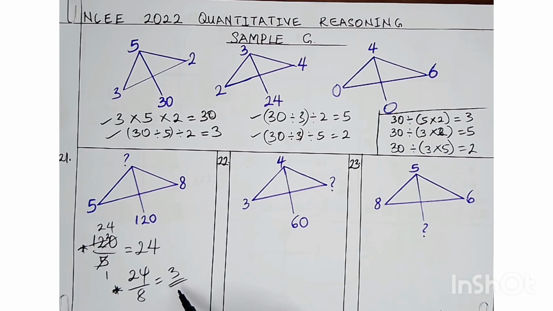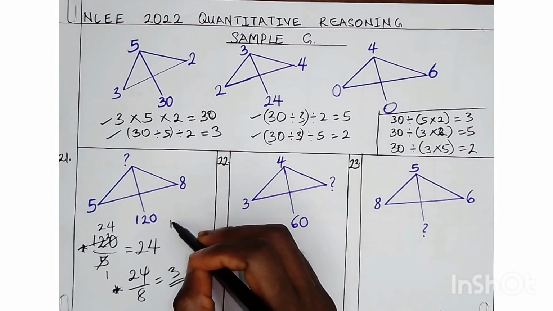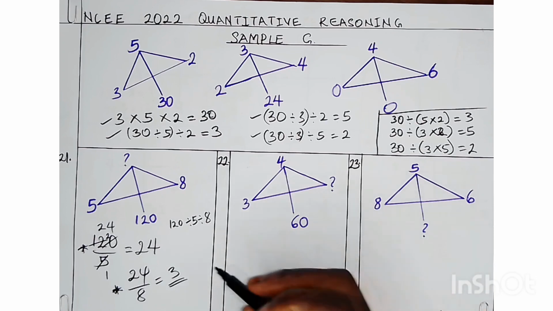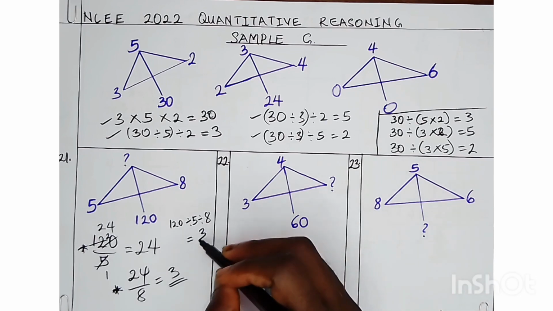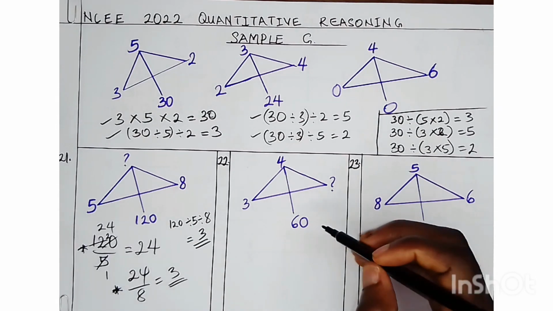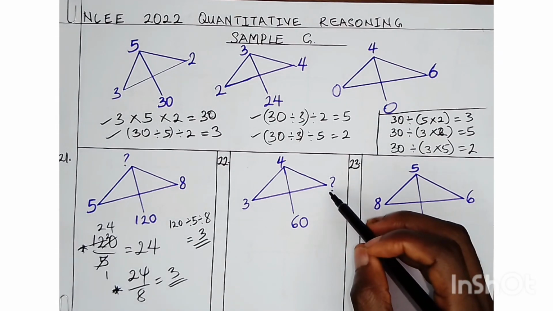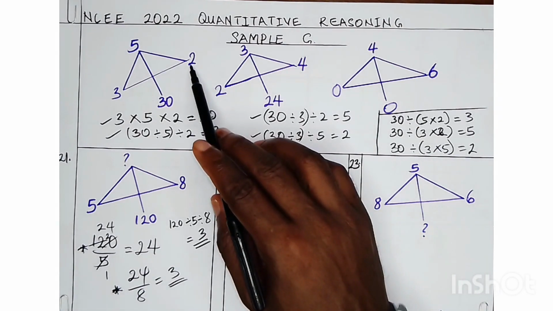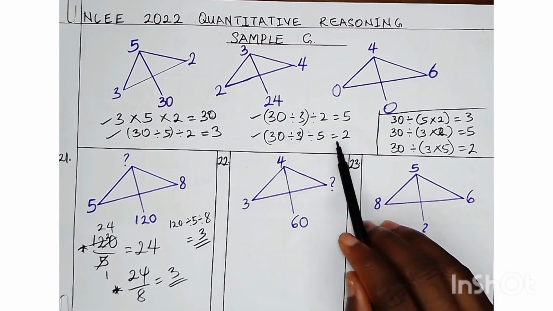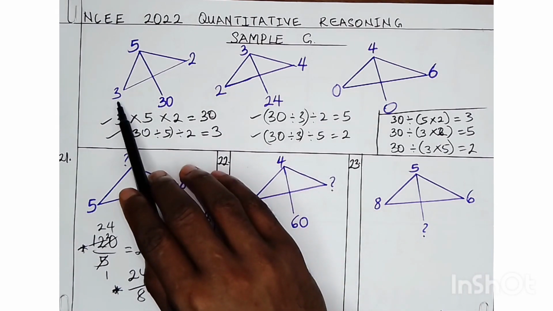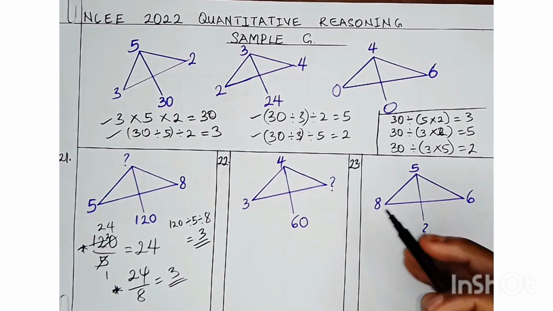So what did we do? We did 120 divided by 5 divided by 8, and that gave us 3. Here we have the spot missing. What's in that place in our analysis? That's 2. How did we get 2? We did 30 divided by 3 divided by 5. So 30 divided by this, then the answer divided by this.